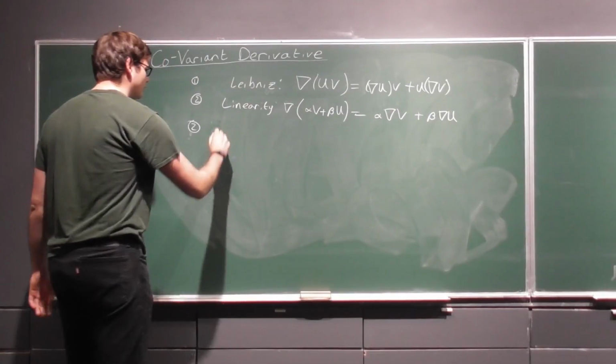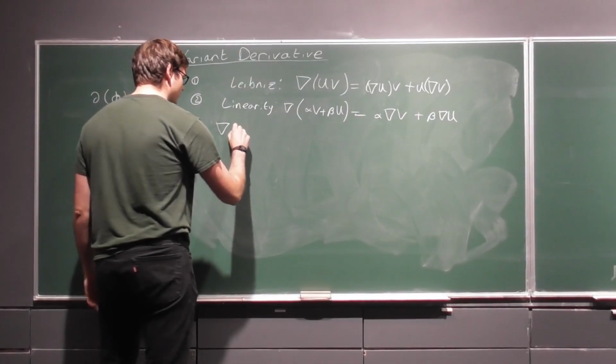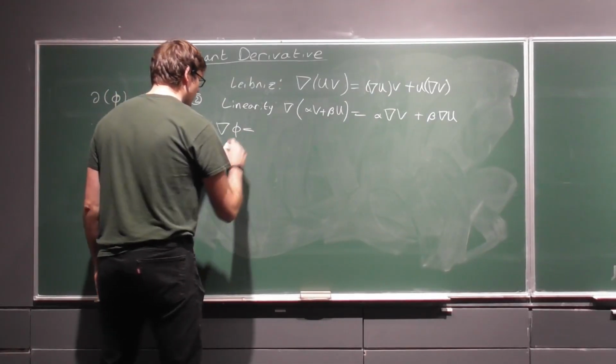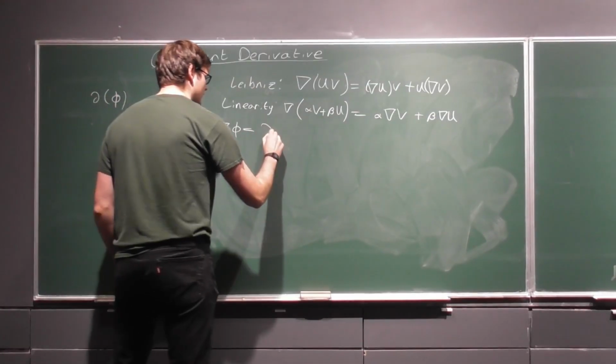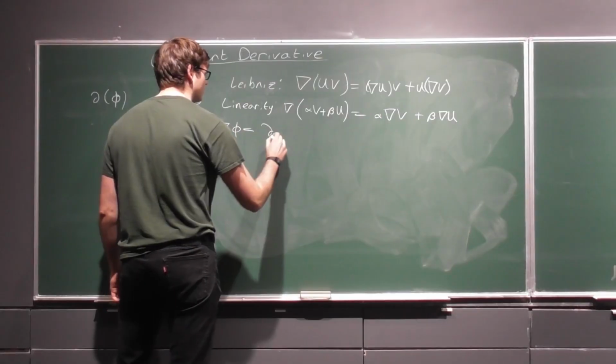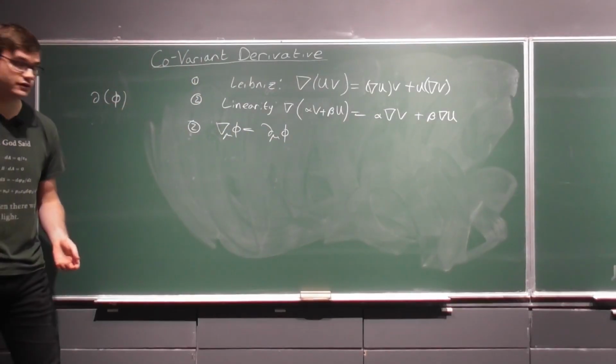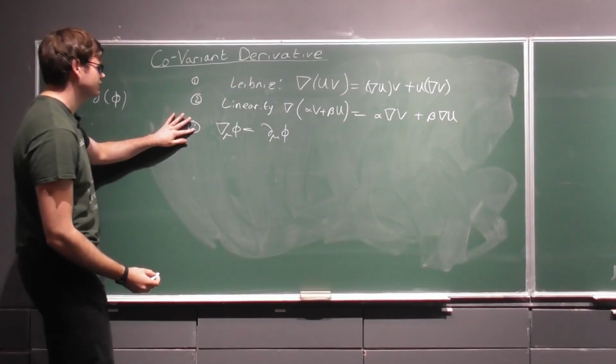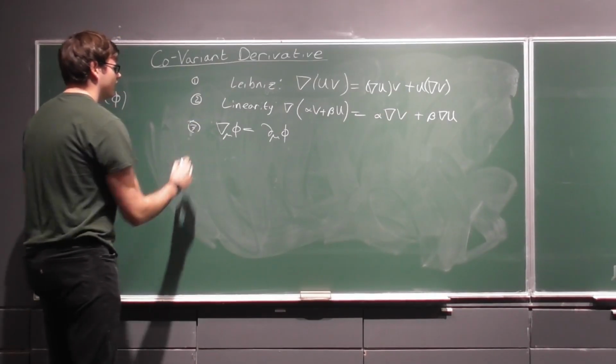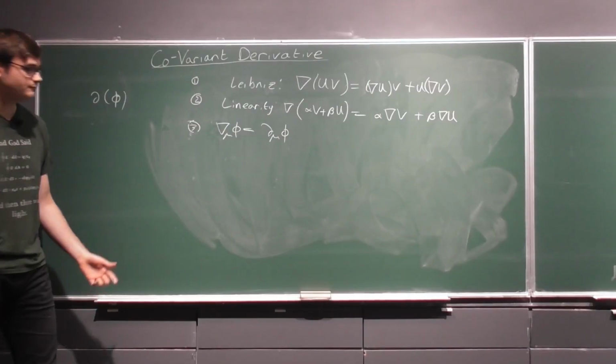So when we take the covariant derivative of a scalar, this should just be the same as the partial derivative of that scalar. That's a condition we're going to impose when we try to come up with a covariant derivative.